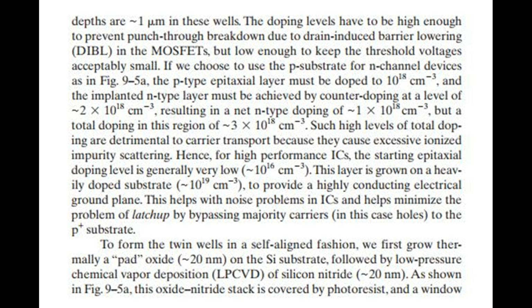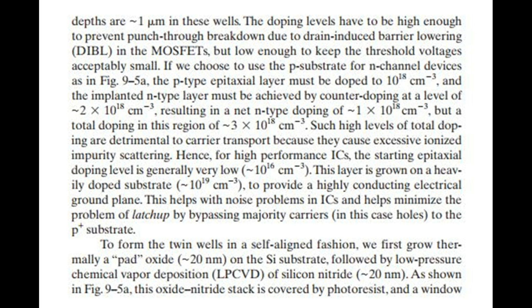If we choose to use the P substrate for N-channel devices as in Fig 9.5a, the P-type epitaxial layer must be doped to 1,000 quadrillions per cubic centimeter, and the implanted N-type layer must be achieved by counterdoping at a level of 2,000 quadrillions per cubic centimeter, resulting in a net N-type doping of 1,000 quadrillions per cubic centimeter, but a total doping in this region of 3,000 quadrillions per cubic centimeter. Such high levels of total doping are detrimental to carrier transport because they cause excessive ionized impurity scattering.